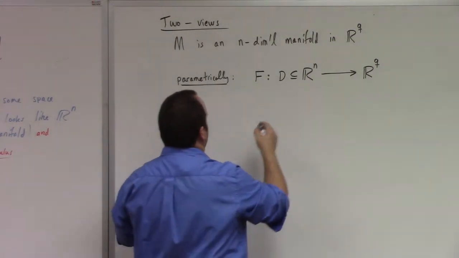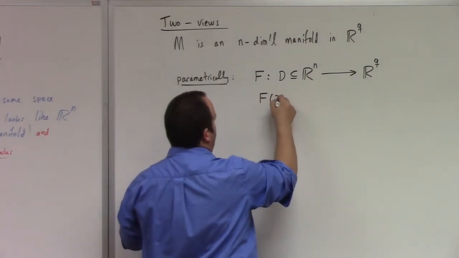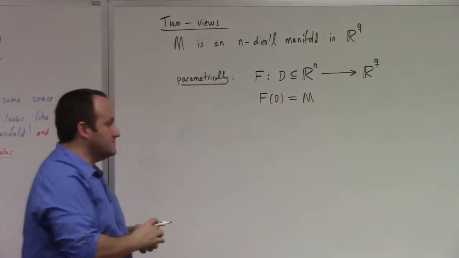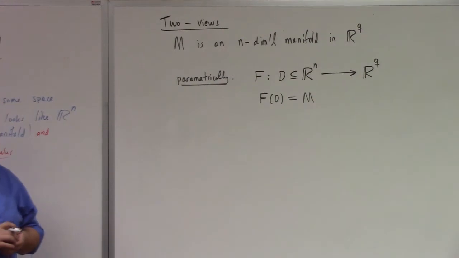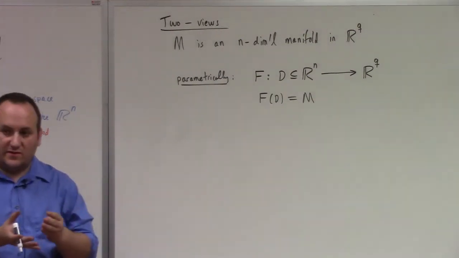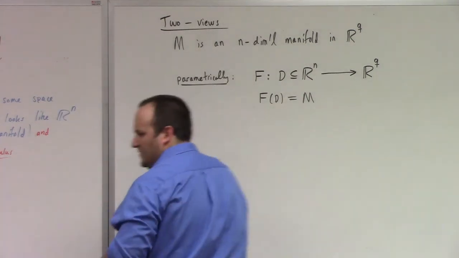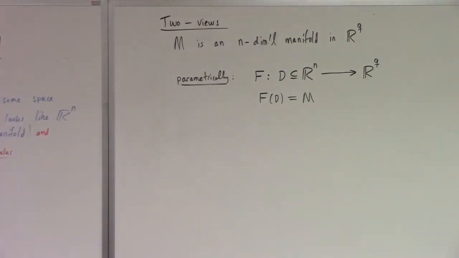So basically, F of D is equal to M. So in this case, the manifold is the image of the patch. Let me make sure if I've used a different letter in the notes, let me try to shift and use that letter. You know how I am. I forget my letters. Uh-oh. I forgot my notes.